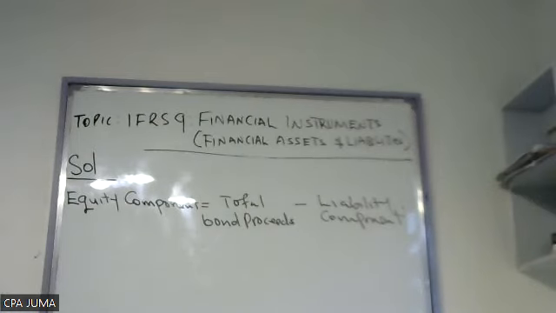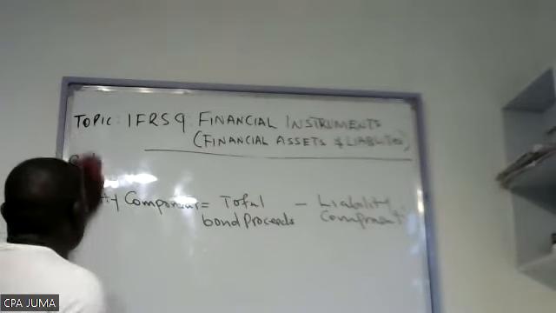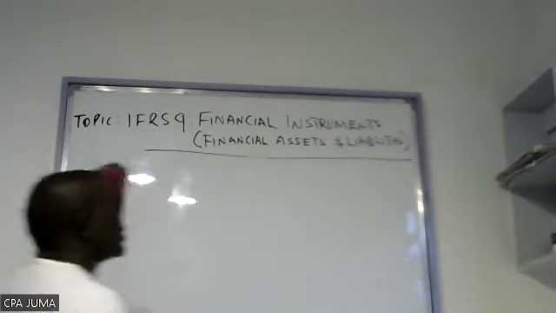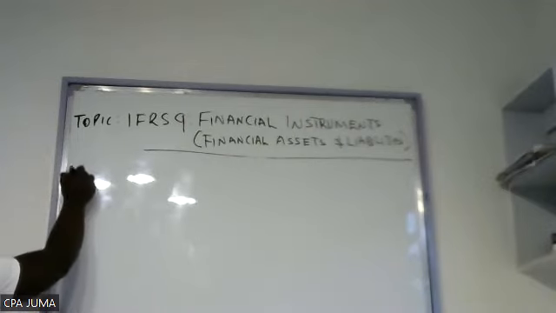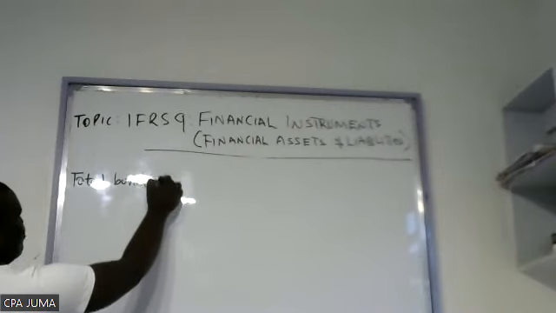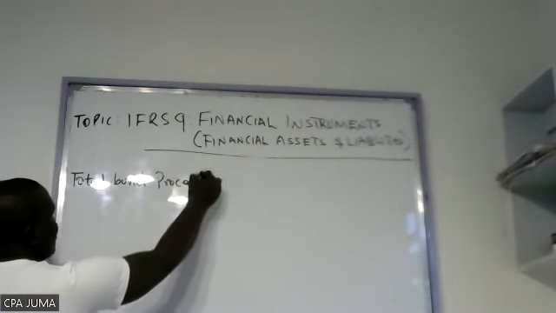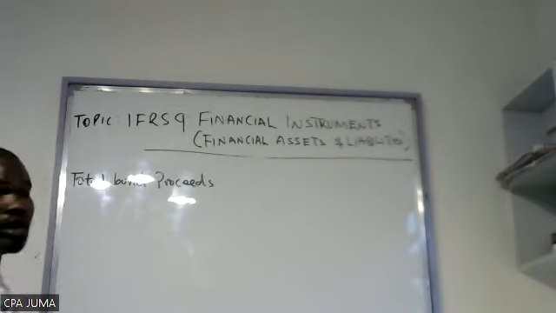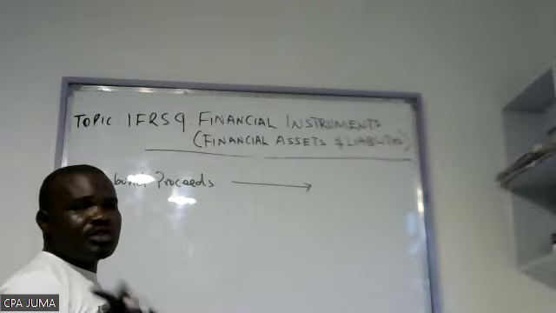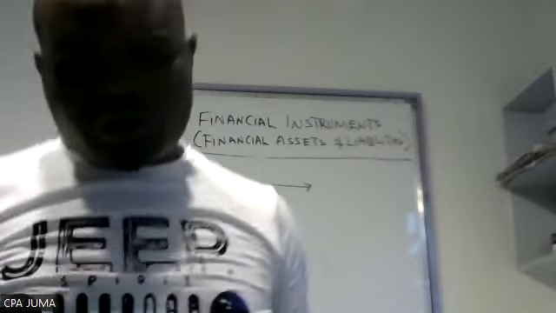Because of my board size, I move slowly. So I'll come here and say total bond proceeds. When we borrowed, how much was it? 2 million, if I'm not wrong.